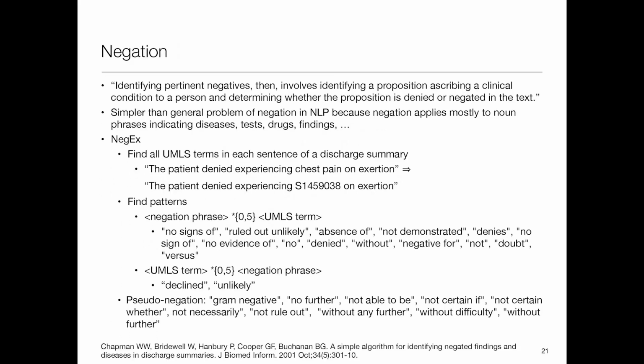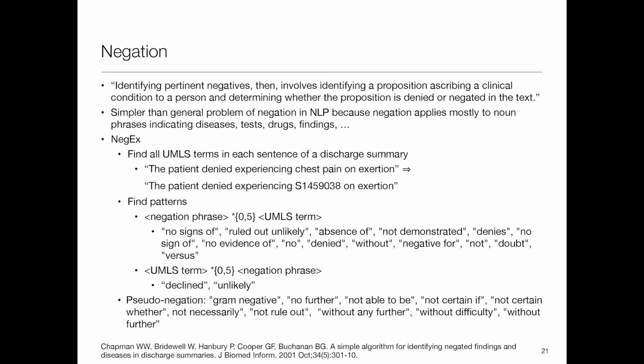First of all, for negation, Wendy Chapman, now at Utah, but at the time at Pittsburgh, published this paper in 2001 called A Simple Algorithm for Identifying Negated Findings and Diseases in Discharge Summaries. And it is indeed a very simple algorithm. And here's how it works.